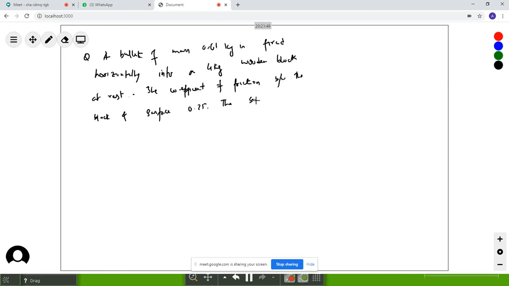The bullet gets embedded in the block and the combination moves 20 meter before coming to rest.